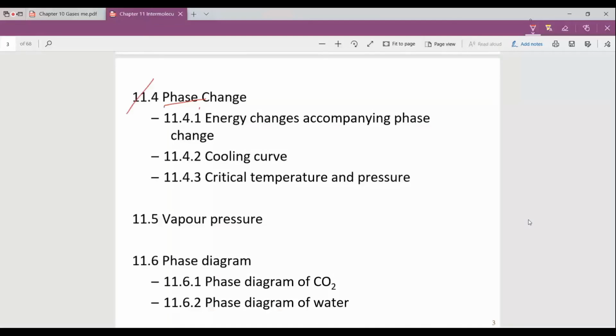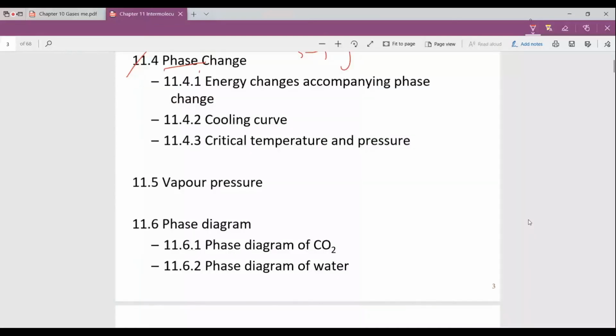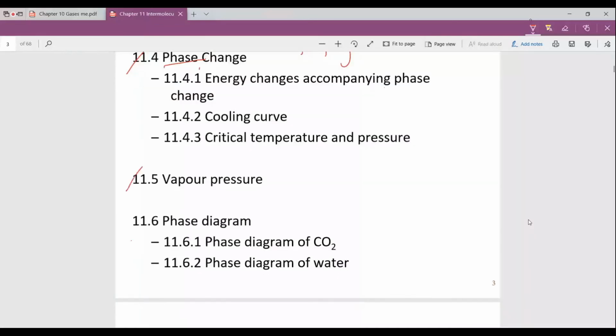What happened to the energy? Solid to gas, the energy, delta H, enthalpy. And cooling curve, critical temperature and pressure, the vapor pressure, and last one is phase diagram. For phase diagram, we have two, CO2 and water only.